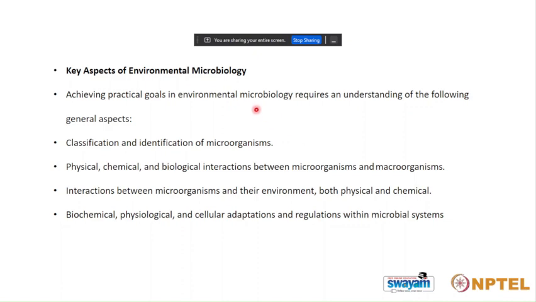So in environmental microbiology, we need to take care of certain aspects. The first and foremost thing is to classify and identify microorganisms. How do classification and identification differ? Classification refers to bringing a microorganism to a certain group of microorganisms.